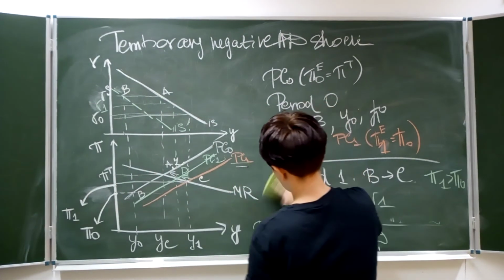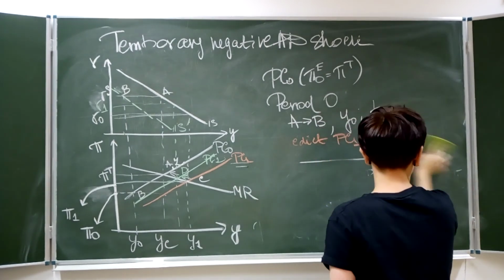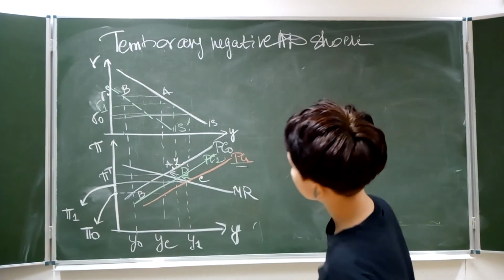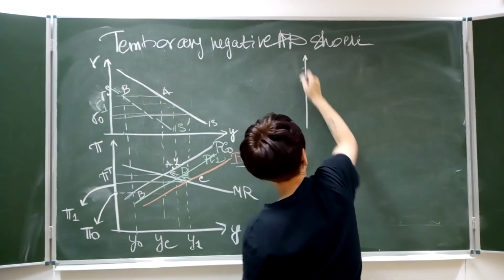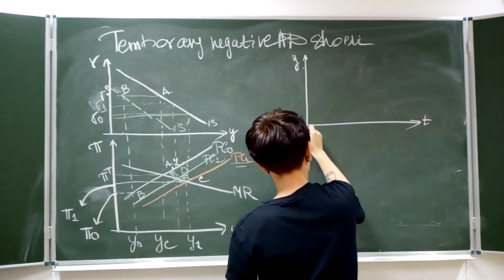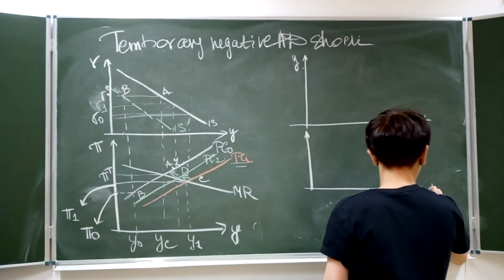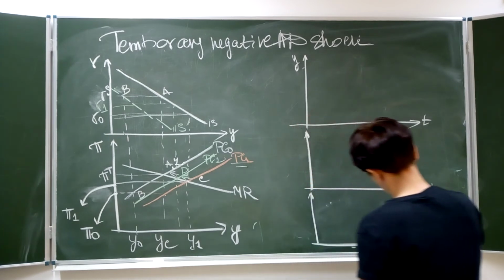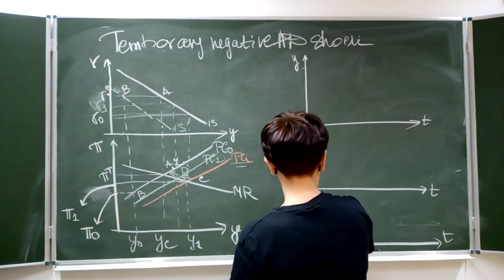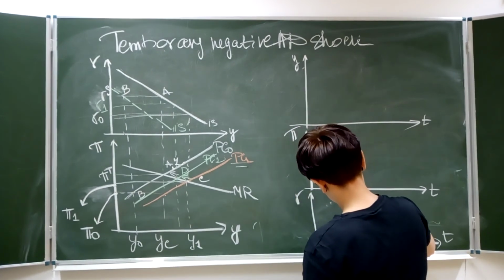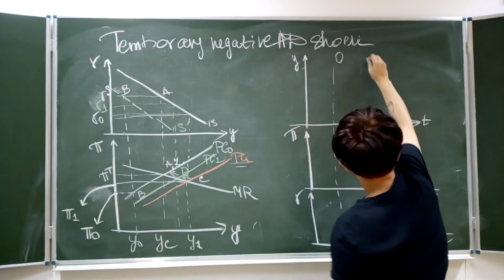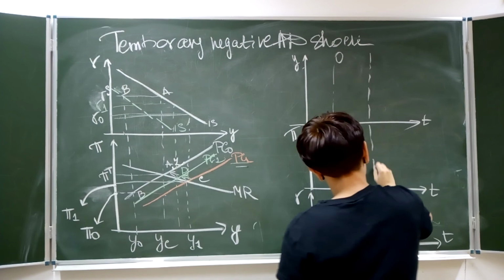So again, let's analyze it using response functions. So again, here we have period 0. Here we have period 1.